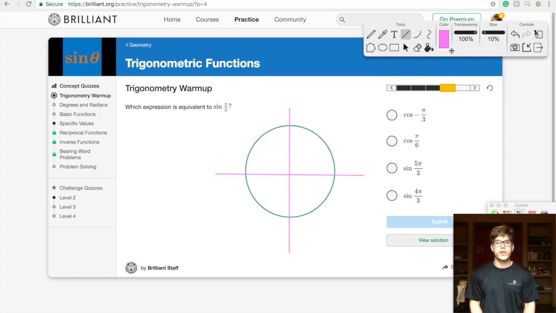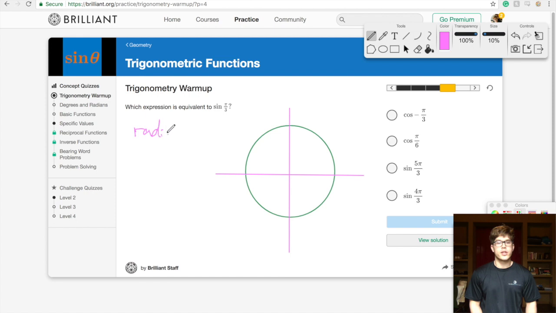The way to convert between the two is radians times 180 divided by pi equals degrees.